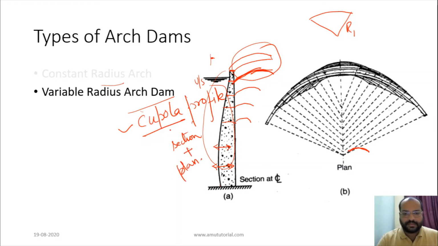So in variable radius arch dam, the cupola profile is formed. So this is a variable radius arch dam.